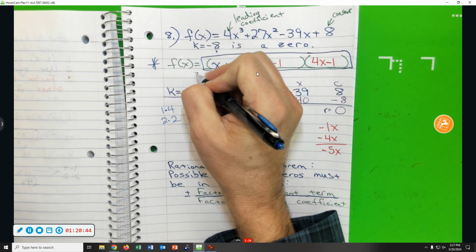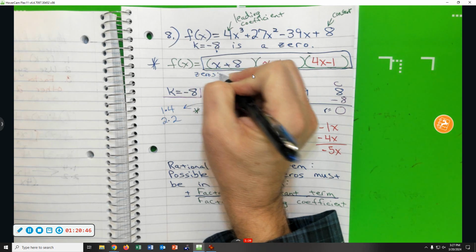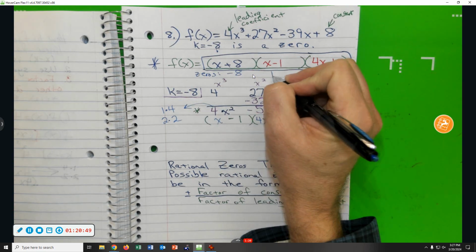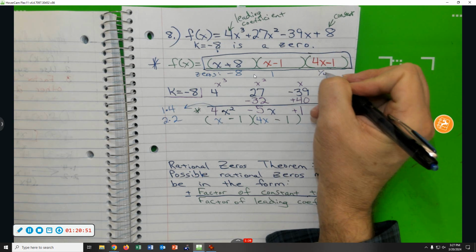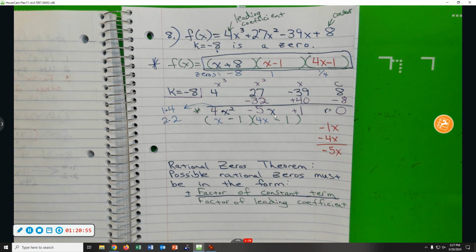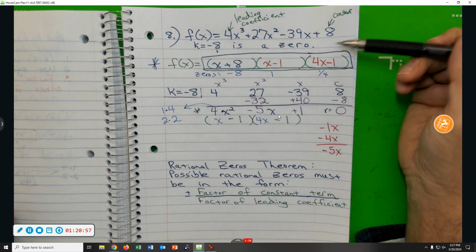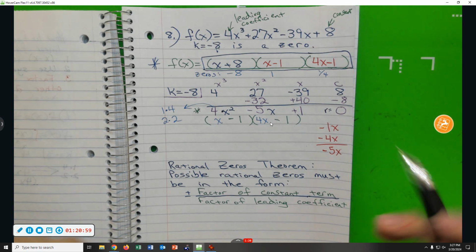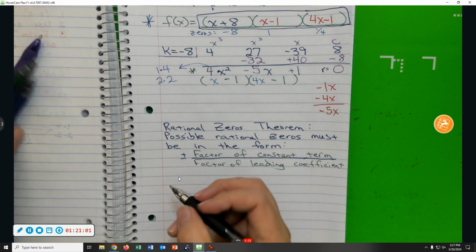So we already know the zeros. The zeros are -8, positive 1, and positive 1/4. Once we get it factored, it's easy to determine the zeros. Suppose you don't know a zero to start off with. To number 8. That's fine.